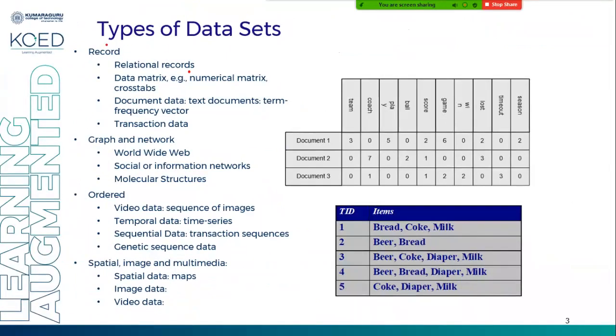The first type is record data, relational records. Records are in the form of a table. Every row is a record. A table contains a set of records.